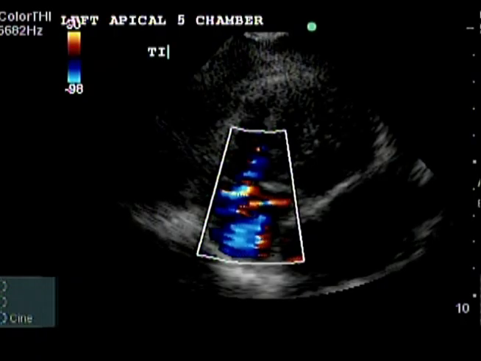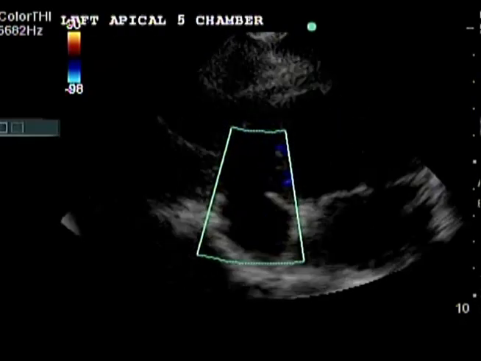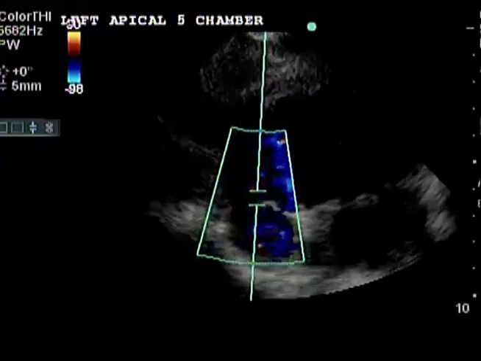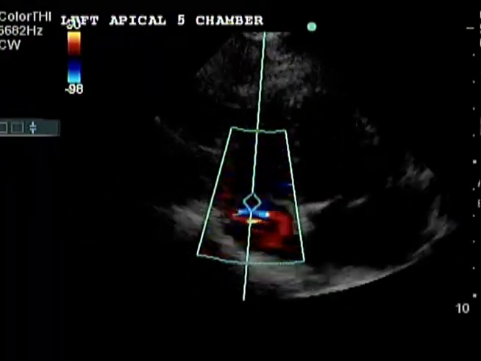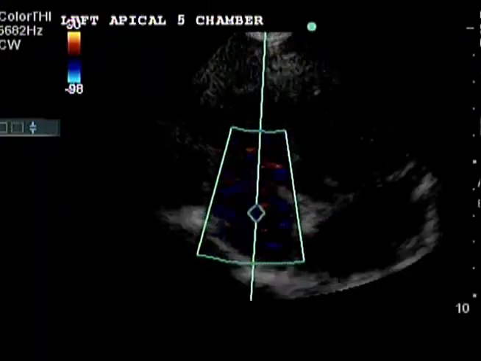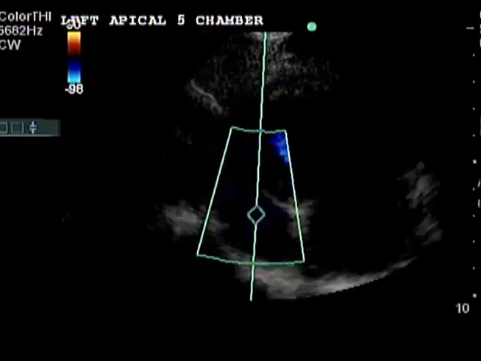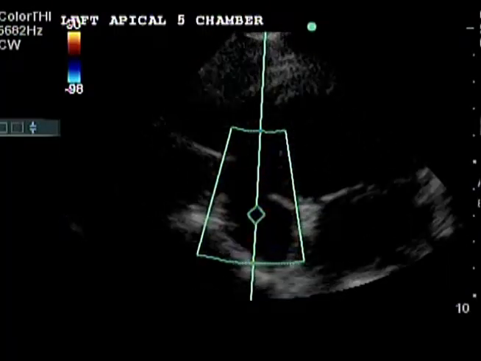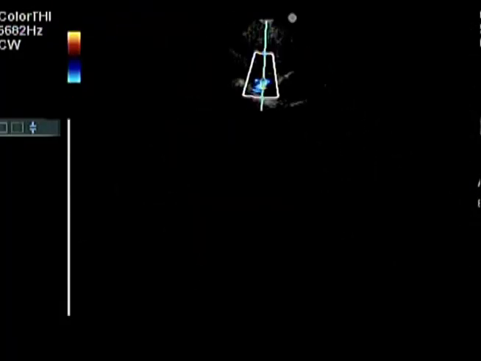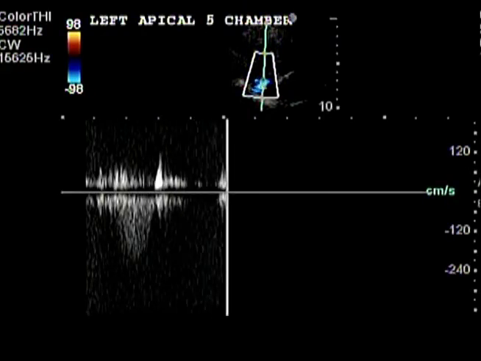Mild mitral insufficiency is not associated with pulmonary hypertension, but elevated left atrial pressure associated with moderate or severe mitral insufficiency can cause secondary pulmonary hypertension.